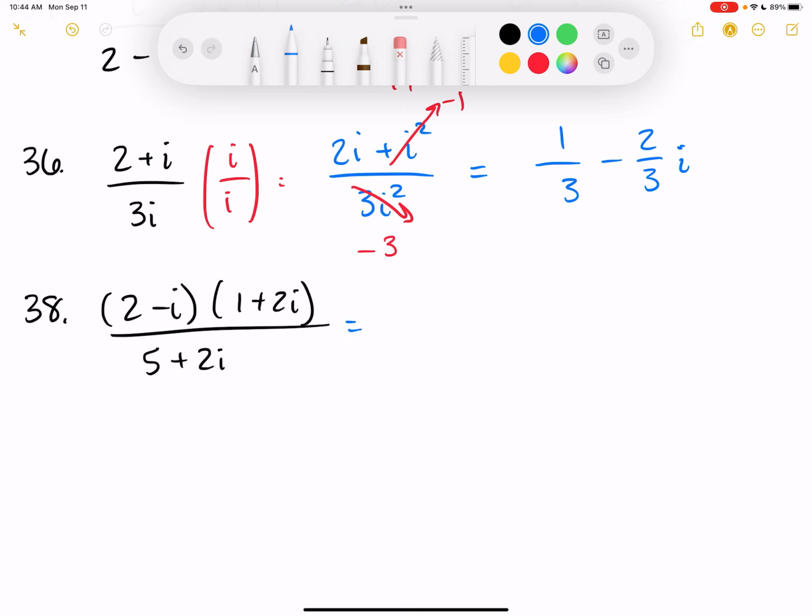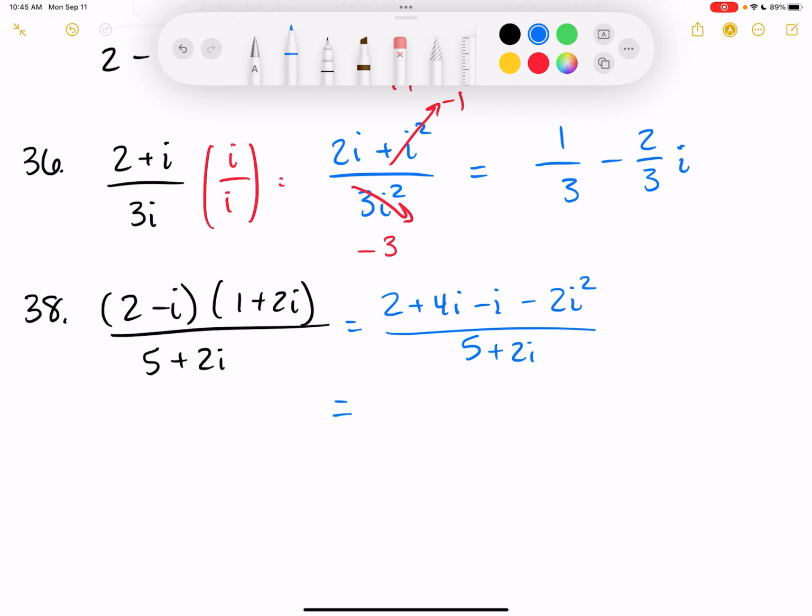So on top I have 2 plus 4i minus i minus 2i squared, all over 5 plus 2i.